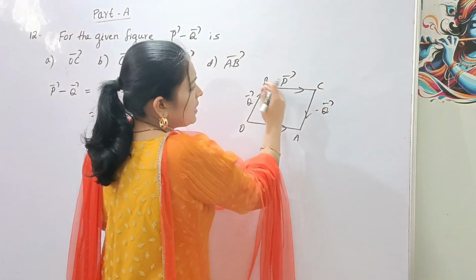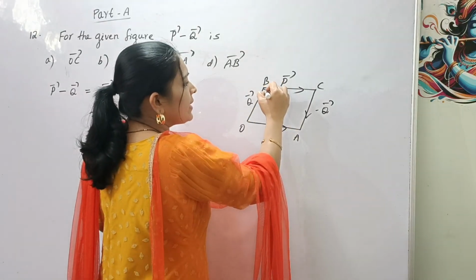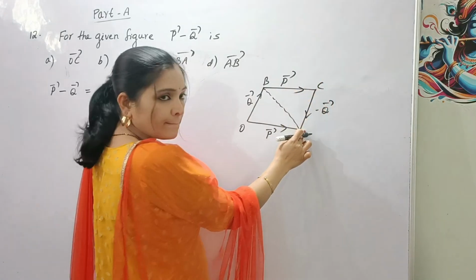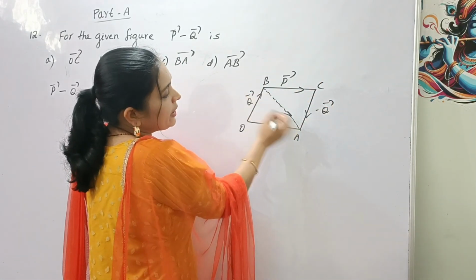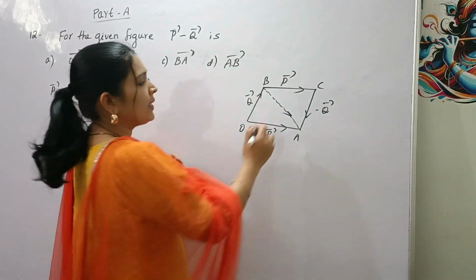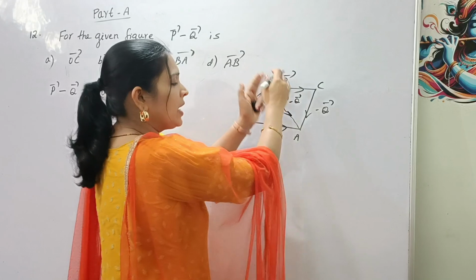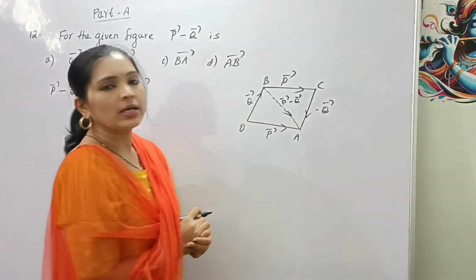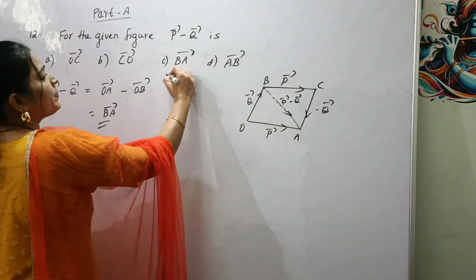So here, by triangular law of vector addition, we can write vector P plus minus vector Q is equal to vector BA, right? So it is vector P minus vector Q, that is equal to vector BA. Therefore, the answer is vector BA.